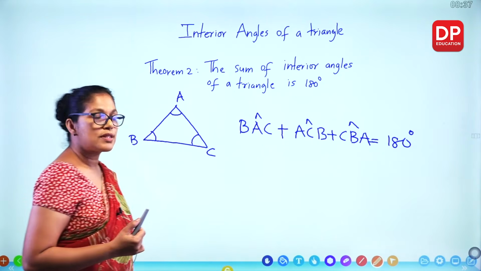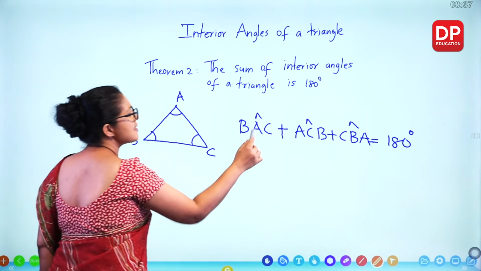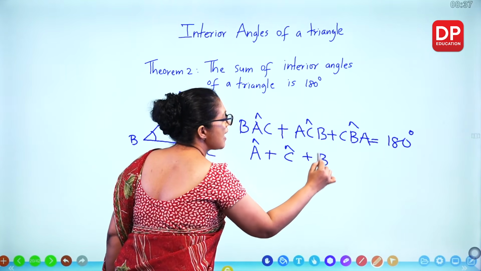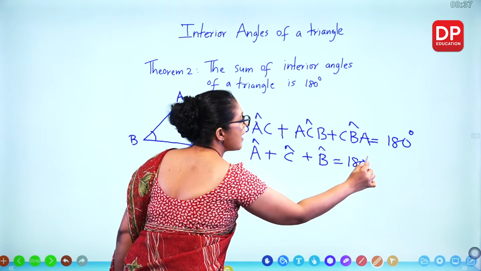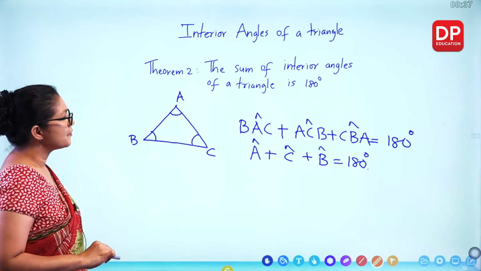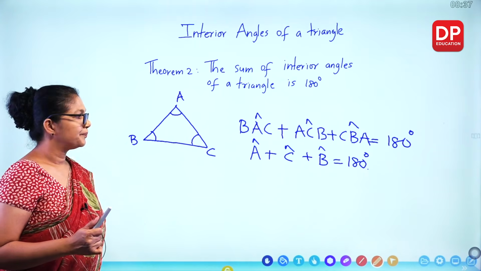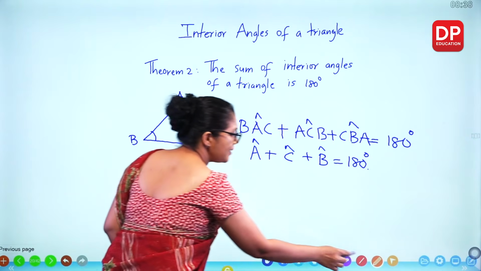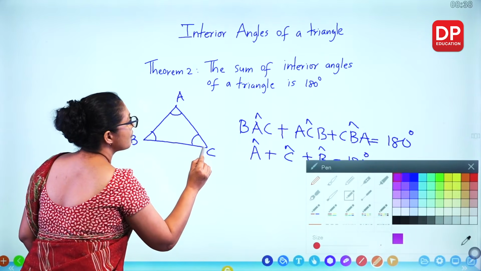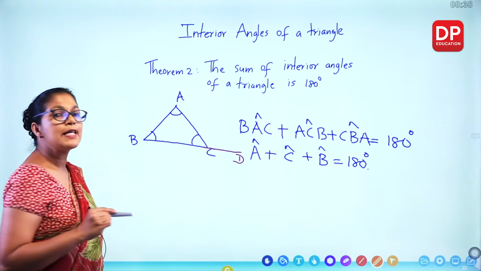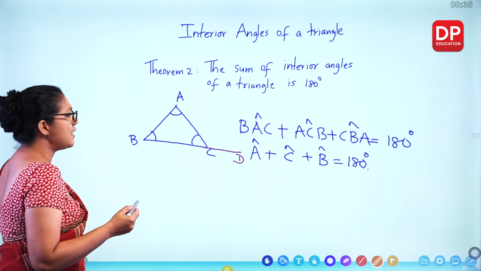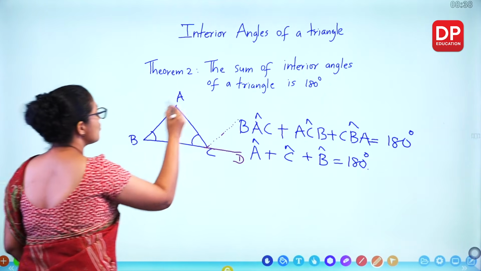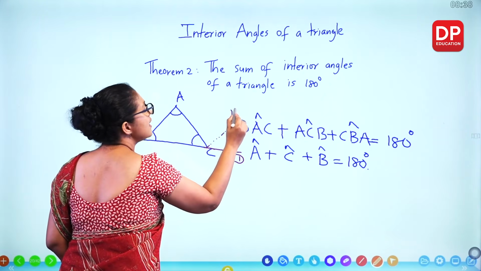Or I can simply write A angle plus C angle plus B angle is equal to 180. So we'll try to prove this. Here what I can do, I can extend BC line to D, so BC produced up to D. And then I want to draw a parallel line to AB. We'll call it CE.